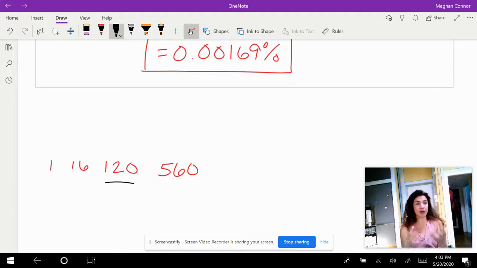If I'm trying to pick a group of 3 people to be ambassadors for the 10th grade, that would be just picking 3 at random. There's not a rank of those 3 people. They are just 3 chosen. That would be combinations. So that's the difference. If you're still confused, please definitely reach out to me and ask questions, because your homework today is going to ask you to know the difference between them. Okay, good luck.